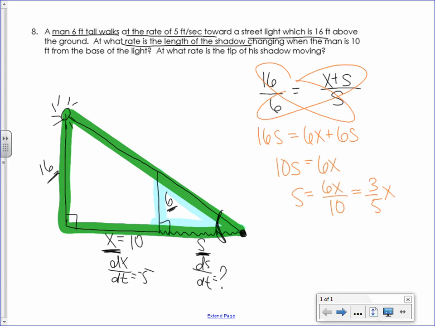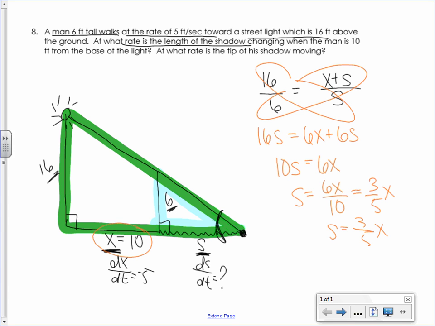Now hold up right here. I'll write this as a new line. Don't feel tempted to plug in this x equals 10. Because if you do, you're going to get that S is equal to 6. And then when you take the derivative, you're going to get the derivative of a constant, which is 0. So we don't want to plug in.